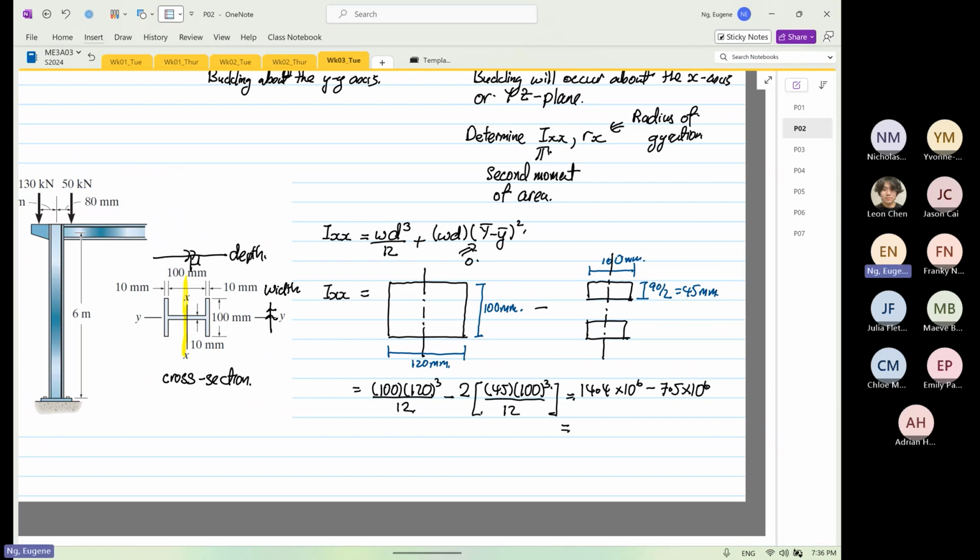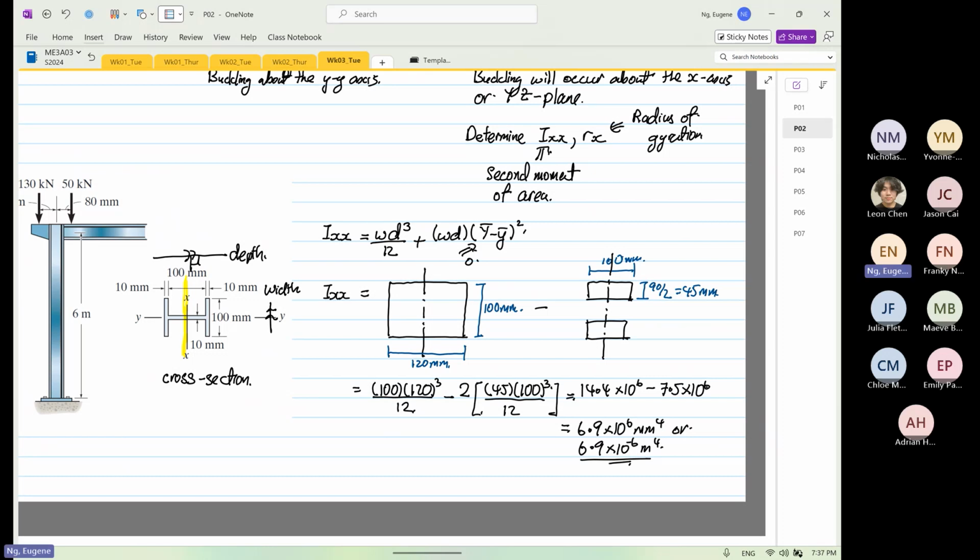So this is equal to 14.4 minus 7.5 is equal to 6.9 times 10 to the power 6 millimeter 4, or 6.9 times 10 to the power minus 6 meter 4. So we have our second moment of area.